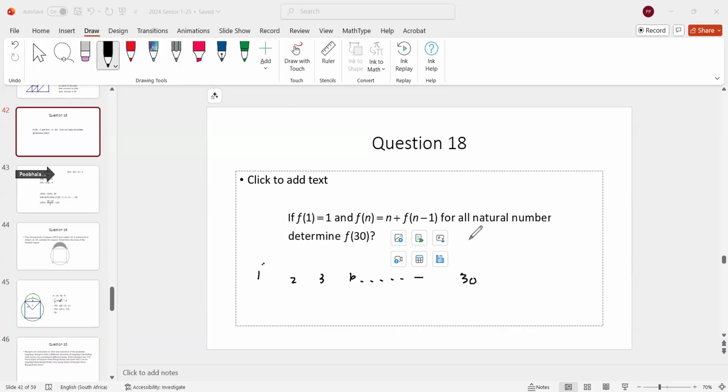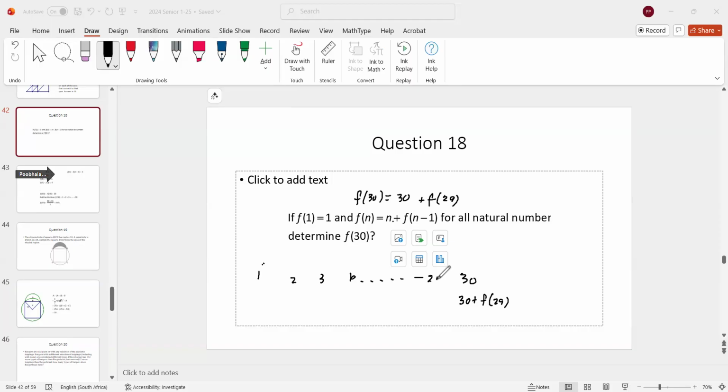Now what is f of 30? F of 30 is, you put n equals 30, n is 30 here, and here you have f of 29. So therefore f of 30 is 30 plus f of 29. Right, but we don't know what f of 29 is.